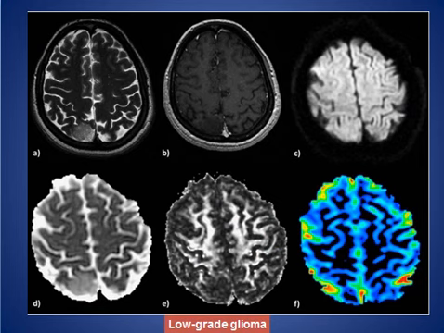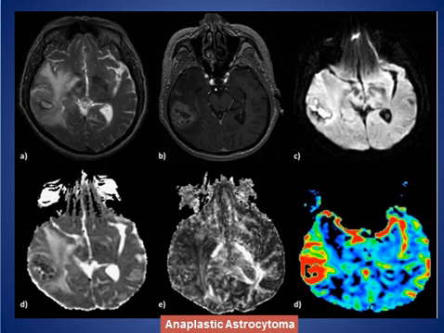And this patient has low-grade glioma. You see here a mass lesion, non-enhancing, isointense on diffusion, and there is no significant perfusion, and this is due to low-grade glioma.